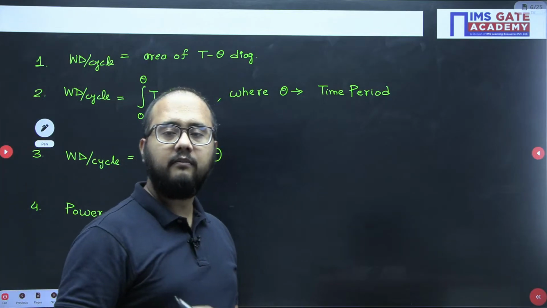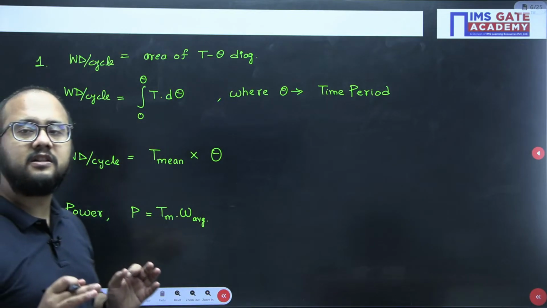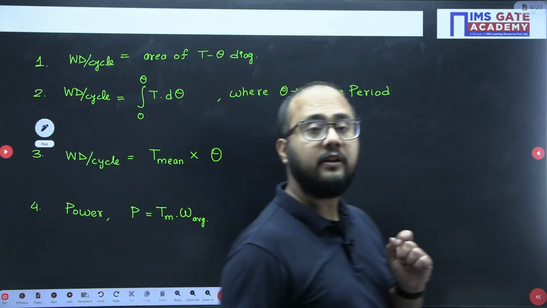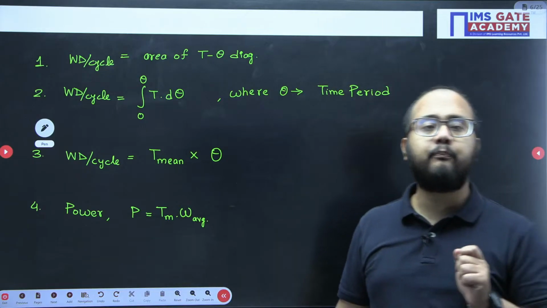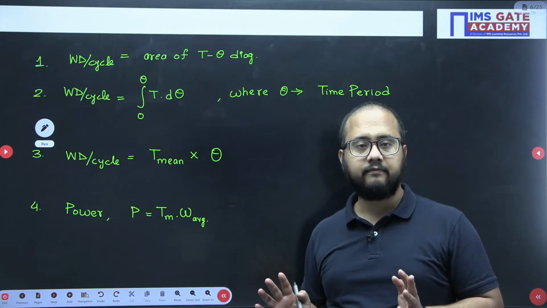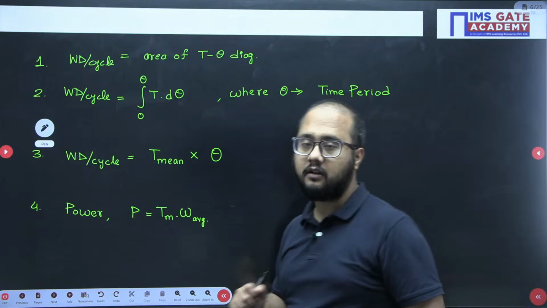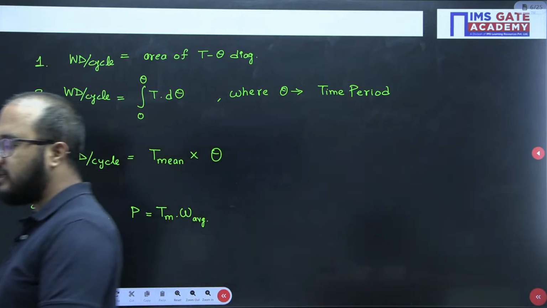Mean torque multiplied by omega average is the power that the engine is producing. So if in the question they have asked to calculate the power the engine is producing, we can use this relation. Is this point clear? Tell me everyone, is it clear?